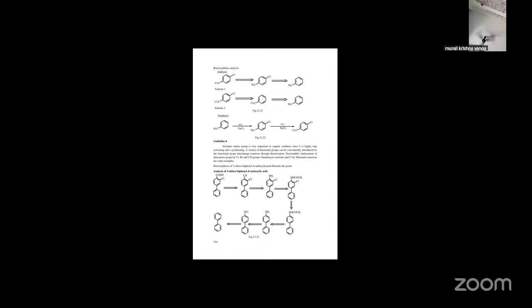A variety of functional groups can be conveniently introduced by functional group interchange reactions through diazotization and nucleophilic replacement of the diazonium group by chlorine, bromine, cyano group, and fluorine, for example. Retrosynthesis of 2-chloro-biphenyl 4-carboxylic acid is illustrated at this point.